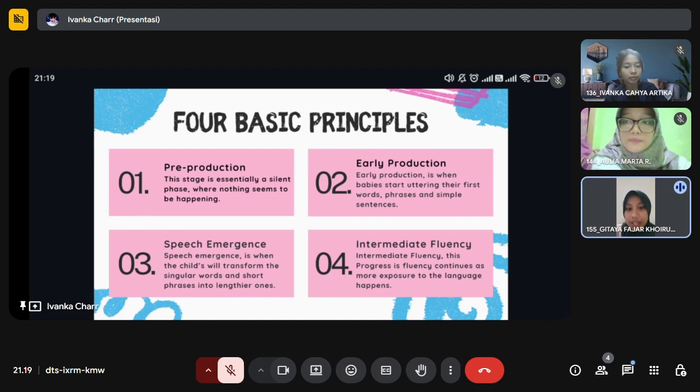The third stage is speech emergence, when the child will transform their singular words and short phrases into lengthier ones. And the last stage is intermediate fluency, when the child can already communicate with perfectly decent grammar naturally.